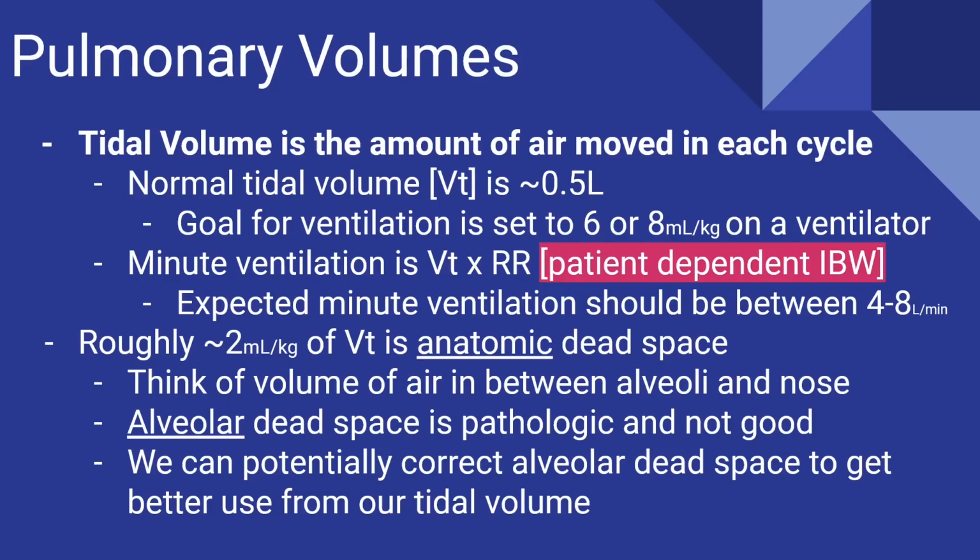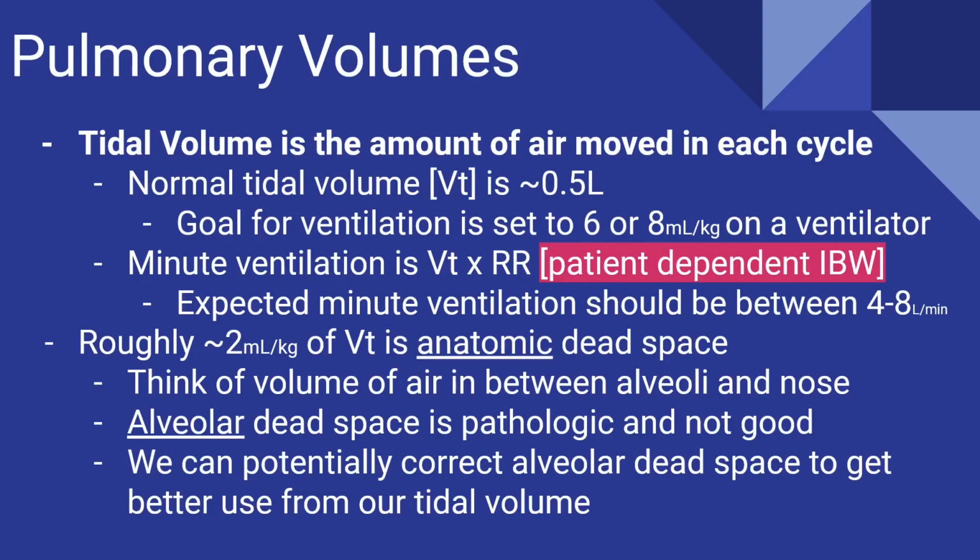So any of my bronchioles which don't have the capacity to take in oxygen is all referred to as anatomic dead space. And that's about twice your ideal body weight in milliliters. So if I weigh 70 kilograms, about 140 milliliters within my respiratory system is dead space. Now that's okay, that's normal, that's to be expected.